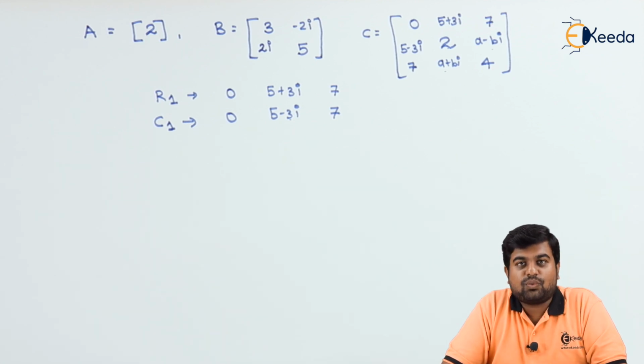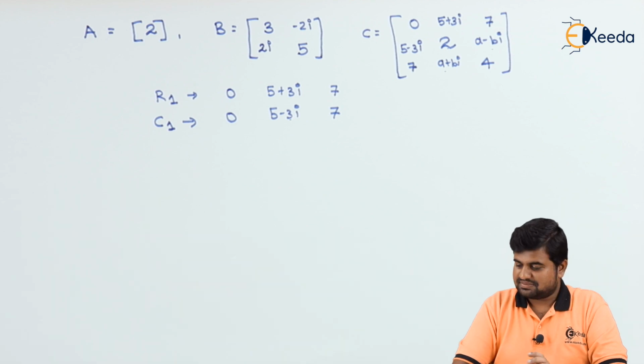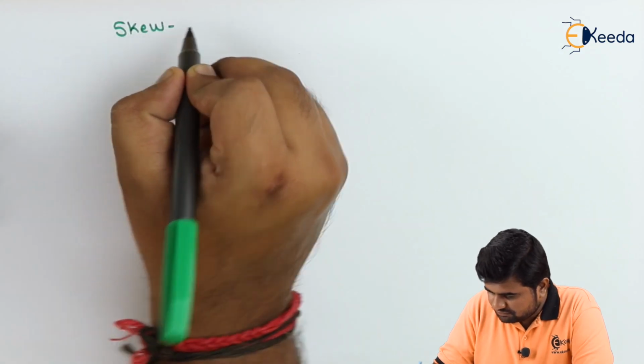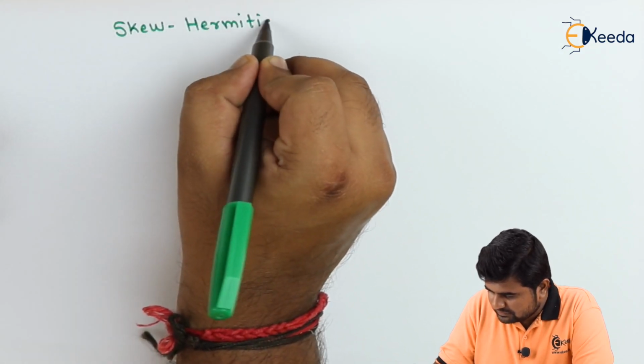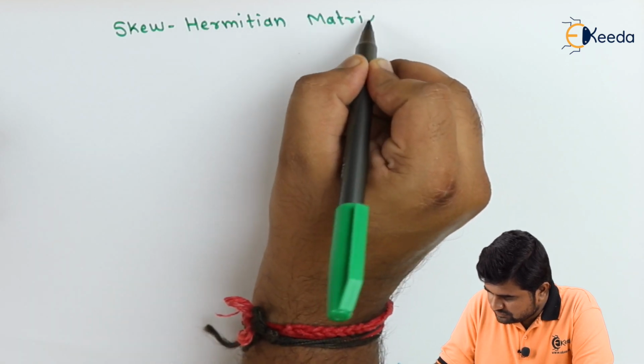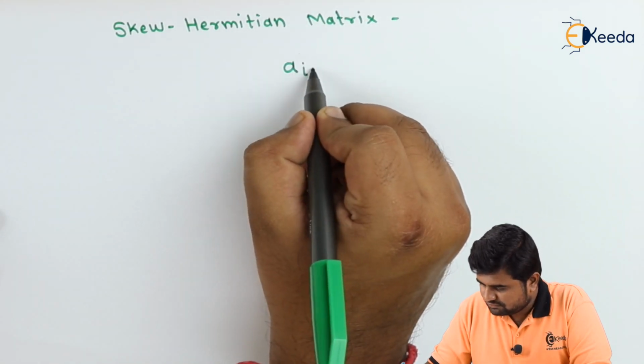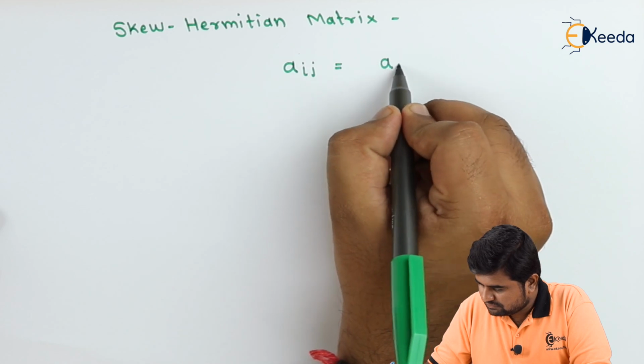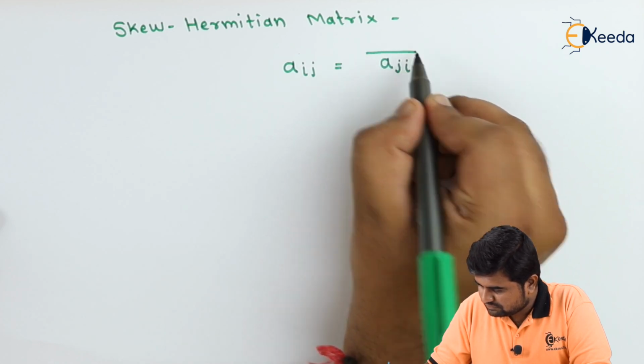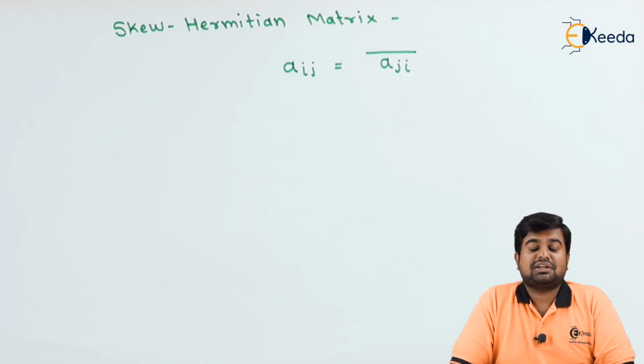So let us focus on what is a skew Hermitian matrix. As we know, in a Hermitian matrix we have element aij equal to the conjugate of element aji.